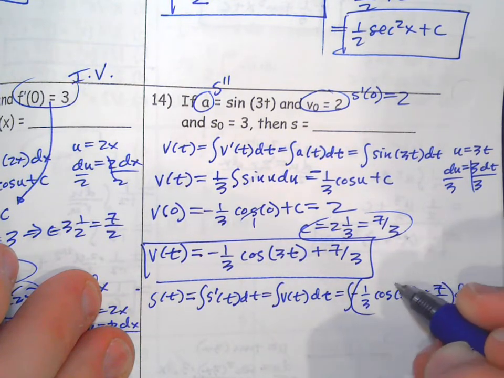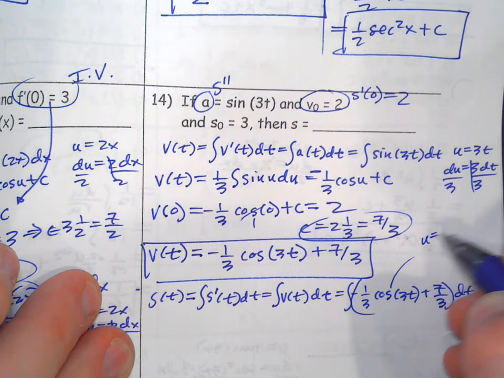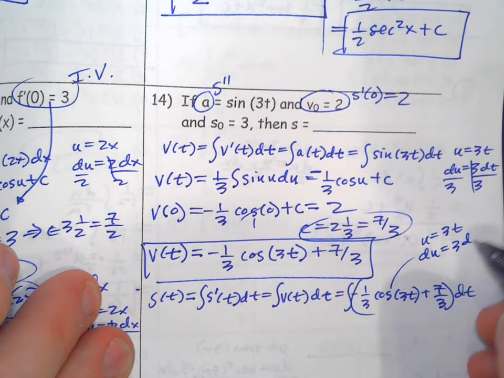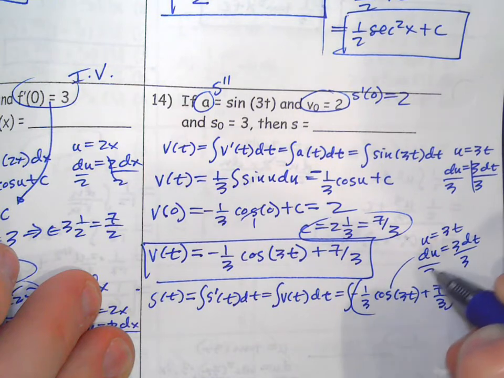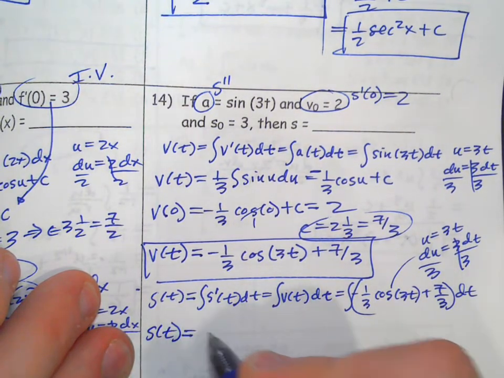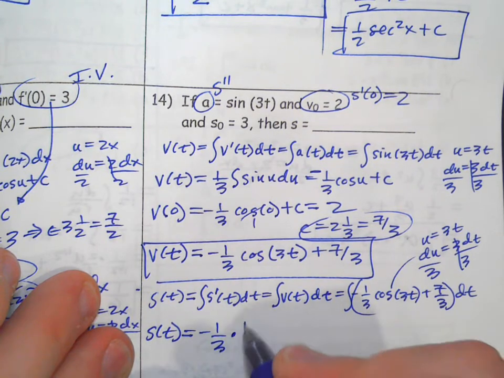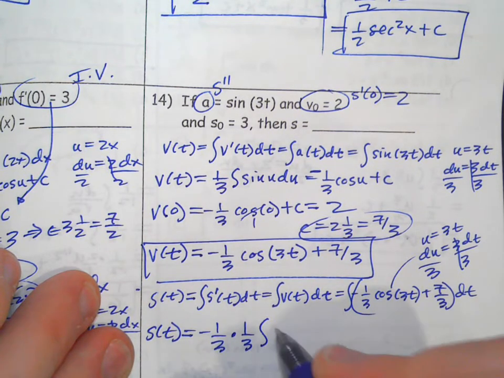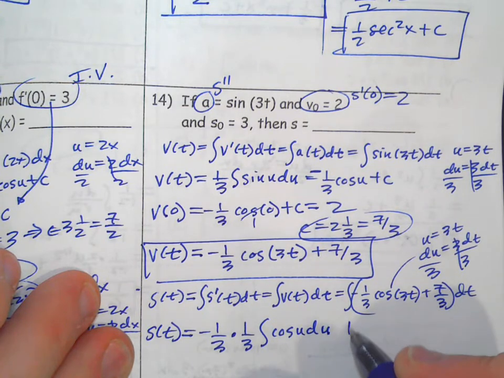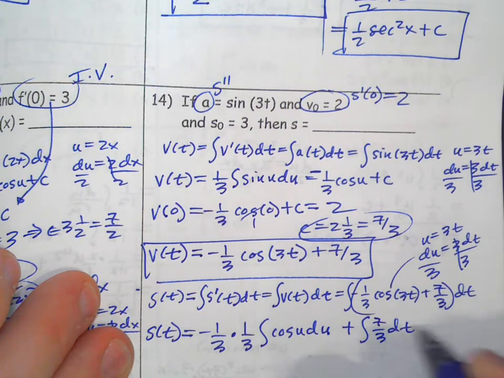Now we can do u-substitution for this. u equals 3t, du equals 3 dt. I want the 3. So s of t equals, we already have a negative 1/3, we can get another 1/3 integral of cosine u du. Then I'd separate this guy, plus the integral of 7/3 dt.